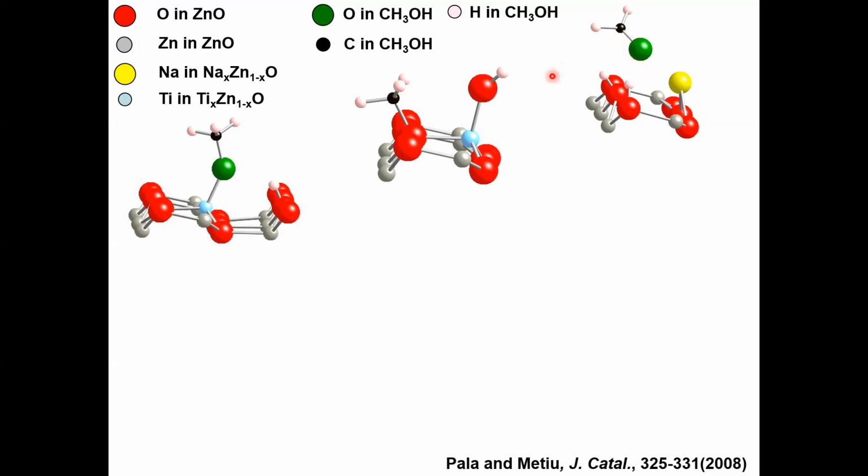I should break one of the methyl CH bonds, and I have adsorbed that H, which I obtained from breaking the methyl CH bond, onto an oxygen. And simultaneously, I have also broken the OH bond. There are two bonds that have been broken. One hydrogen is here, another hydrogen is here.